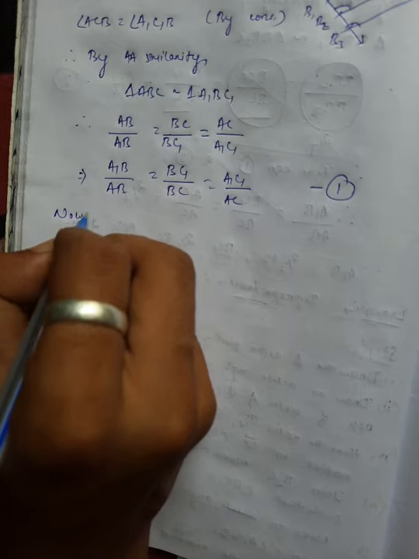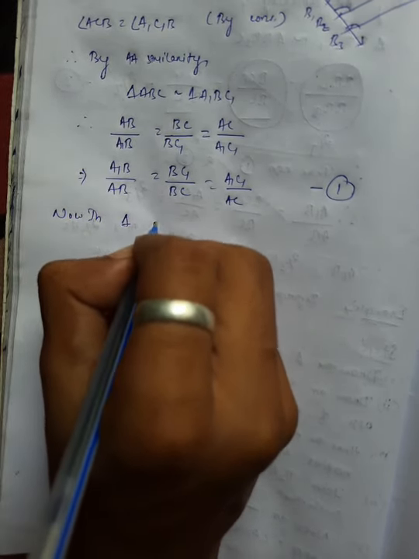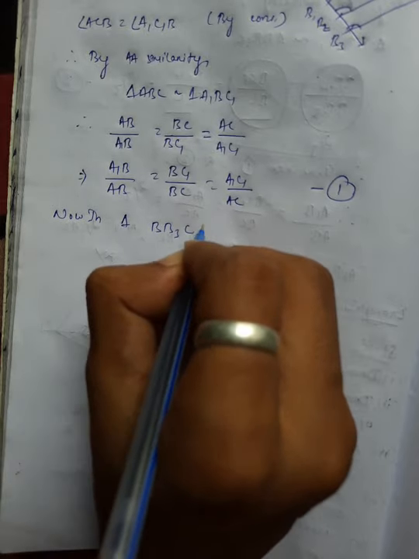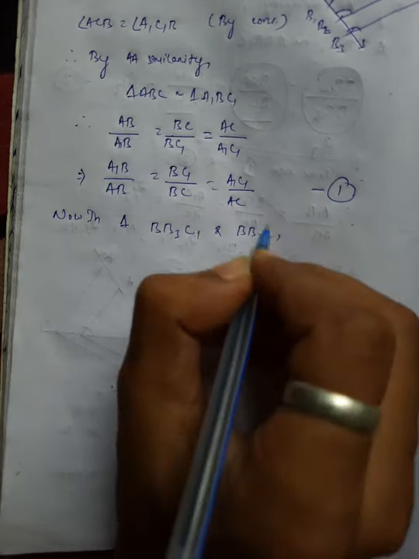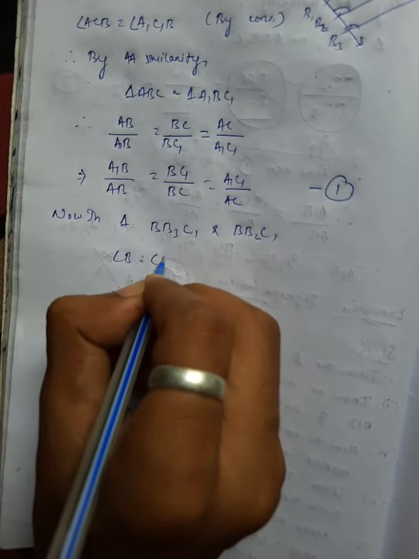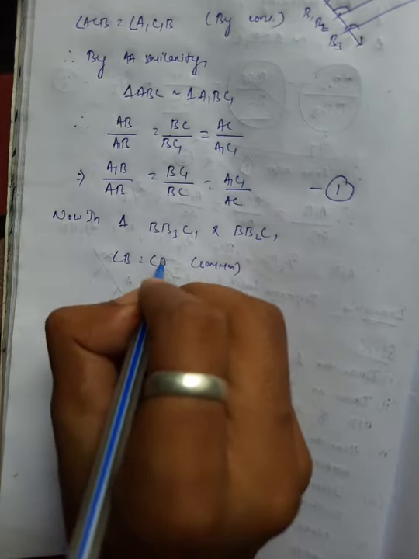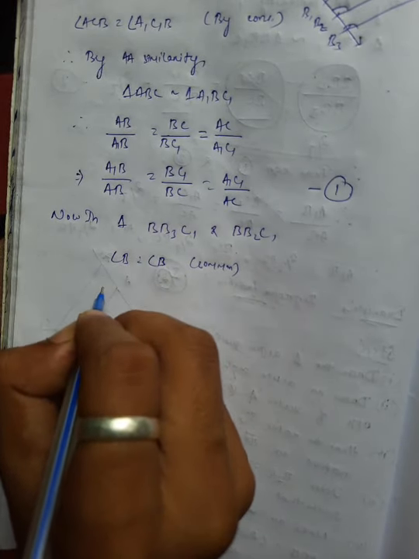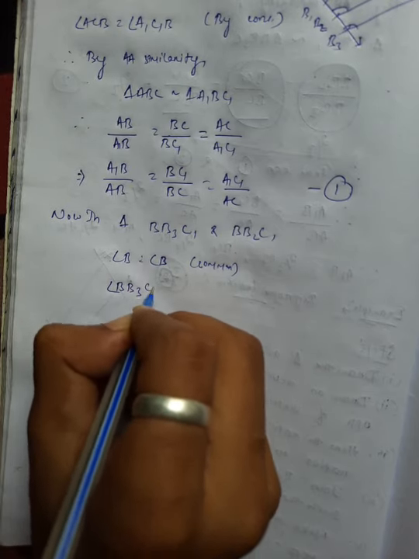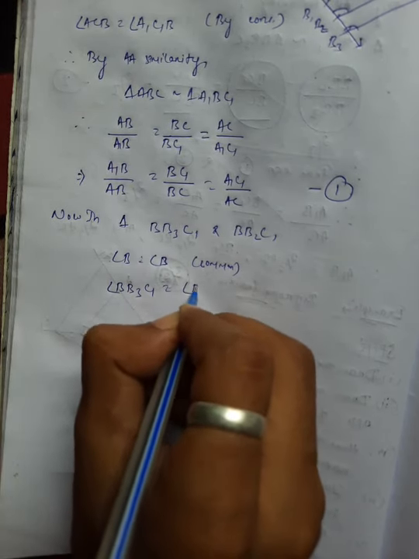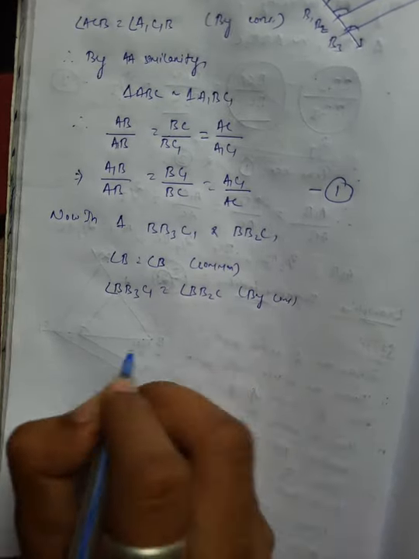Again in triangle BB3C1 and BB2C, angle B equals angle B, here is the common angle. Also angle BB3C1 equals angle BB2C, this is by construction.